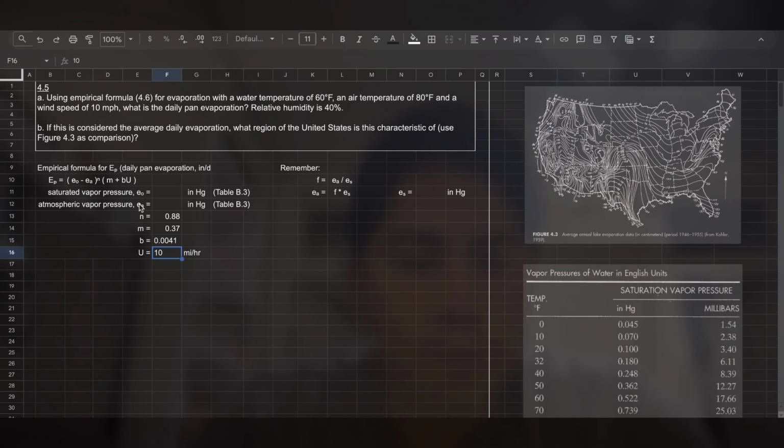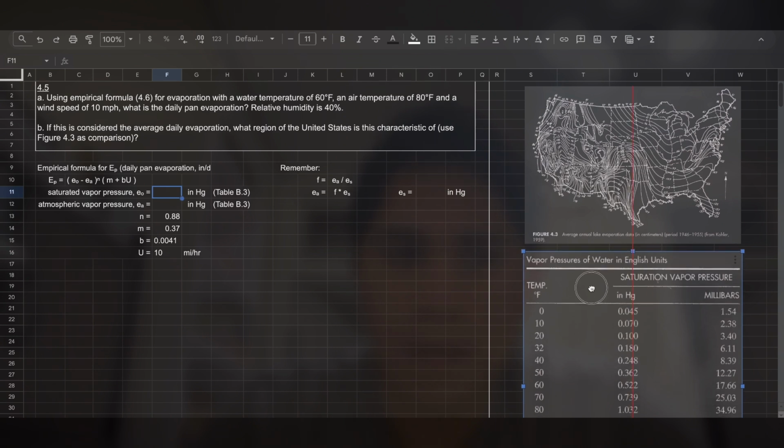So to do that, the saturated vapor pressure should be the pressure of the water in the atmosphere when the atmosphere is saturated, like the maximum amount of water that the atmosphere can hold before it precipitates.